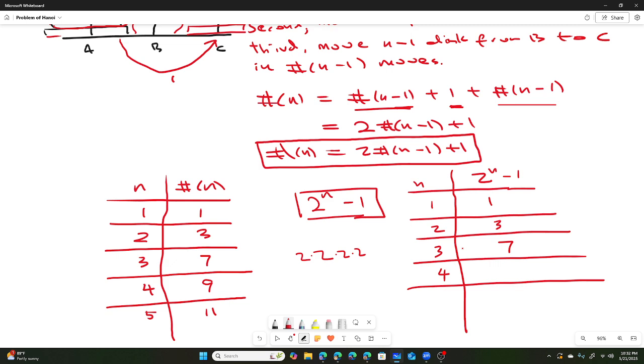Wait a minute. This is 16, and 16 minus 1 is 15. So this is 15, and this is for n equals 4.